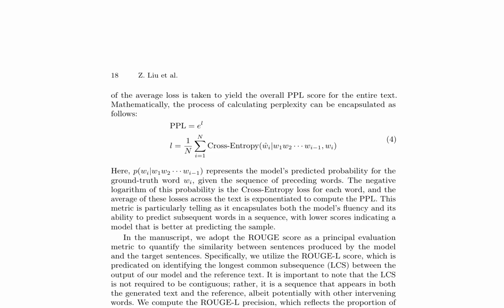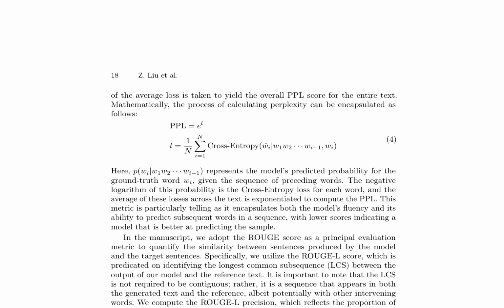The manuscript presents an evaluation of a proposed computational model's performance, focusing on two key metrics: perplexity, PPL, and Rouge score. Perplexity measures the model's predictive capabilities, with lower scores indicating better prediction. It is calculated as the exponential of the average negative logarithm of the predicted probabilities for each word in the text, given the sequence of preceding words. The Rouge score, specifically the ROUGE-L score, assesses the similarity between the model-generated sentences and the target sentences.